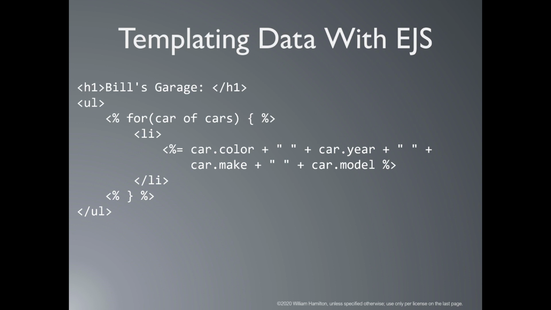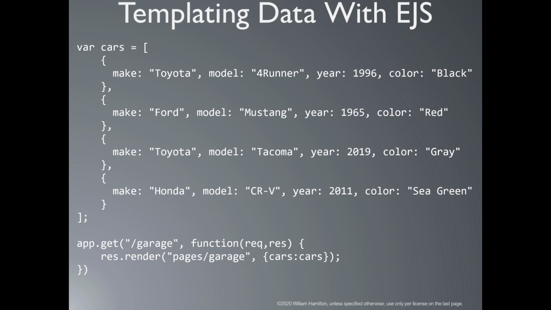Okay. So in this case, this is how you could potentially operate on data. This is how you would pass the data in. I have a big data set of car data up here, but whenever I'm actually rendering my page, I have my route /garage, and so I render my template pages/garage, and I pass this data object into the engine.